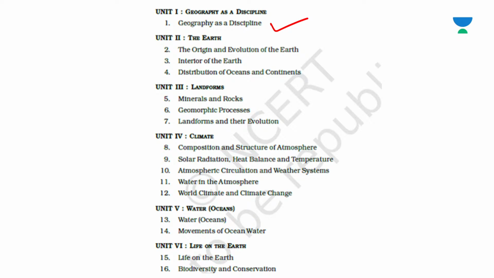Then second, we have discussed human geography, where we have discussed social cultural geography, population and settlement geography, economic geography, historical geography. Then we have discussed the branches of geography based on the regional approach, like regional studies, regional planning, regional development, regional analysis.